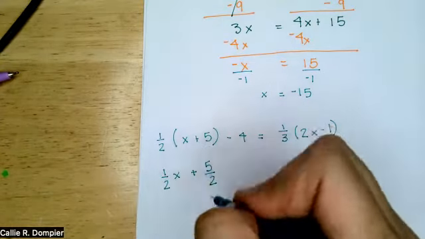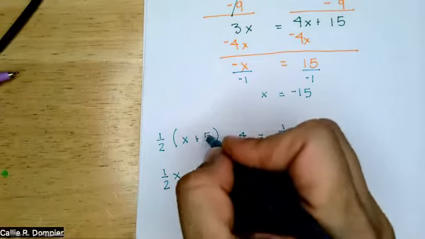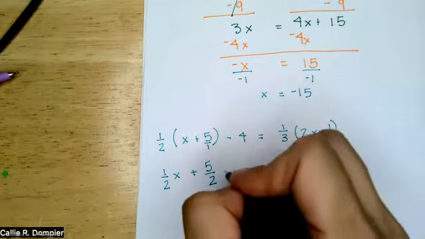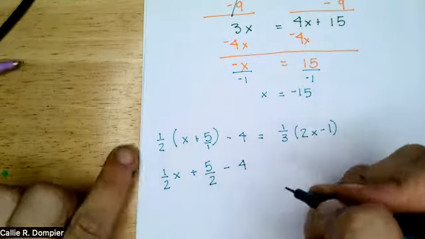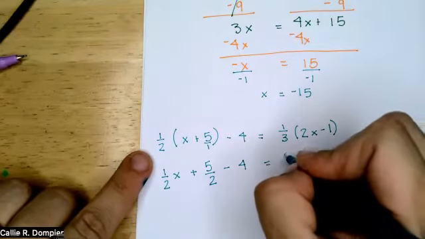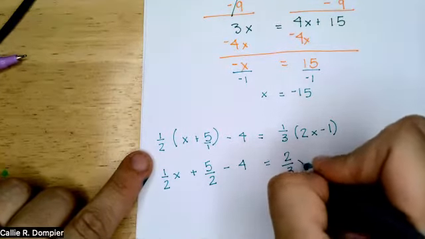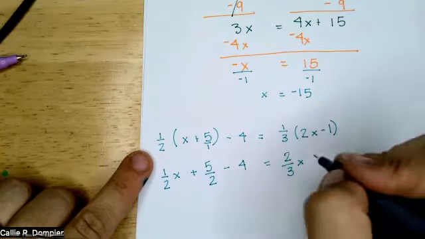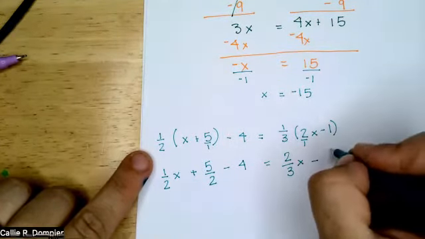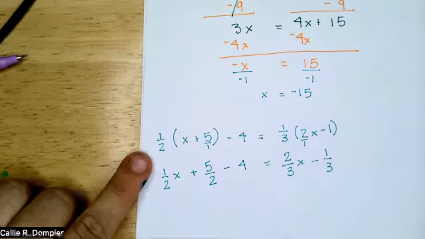Multiplying 1 by 1/2 is the same as dividing by 2. 5 times 1 is 5 on the top. 2 times 1 is 2 on the bottom. Minus 4, because I'm not distributing the 1/2 to the 4. 1/3 times 2x is 2/3 x. The 2 is on the top, the 3 was on the bottom. 1/3 times a -1 is just a -1/3, right?